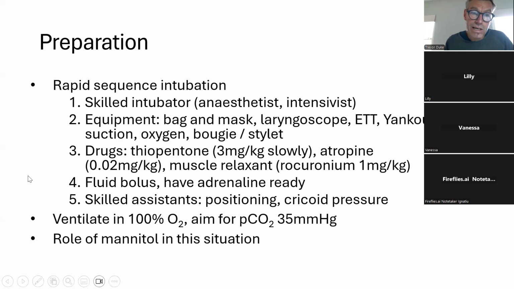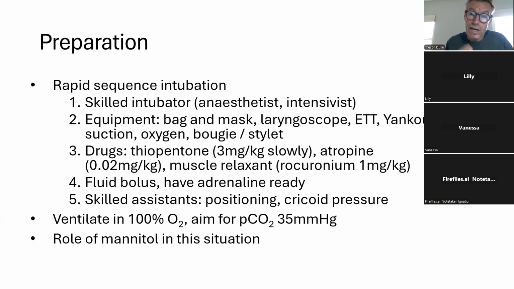The drugs I would use for a child who's had a head injury, usually a small dose of thiopentone, so 2 to 5 milligrams per kilogram given slowly. Remember that thiopentone will cause hypotension, but if you give it slowly, it's less likely to. In a child with raised intracranial pressure who's got bradycardia, I always have some atropine ready and be ready to give that.